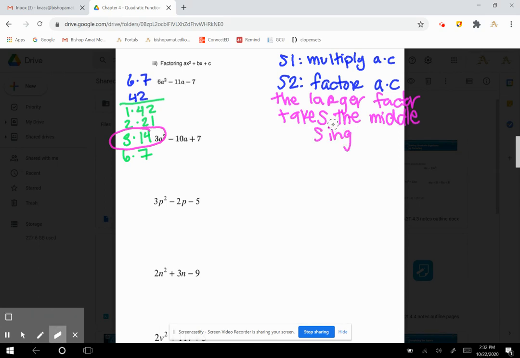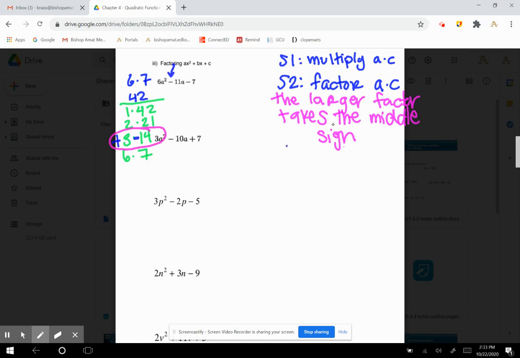So our middle sign here is negative 11. So our middle sign is negative. Which number is bigger, the 3 or the 14? The 14. So it's negative 14 plus 3.